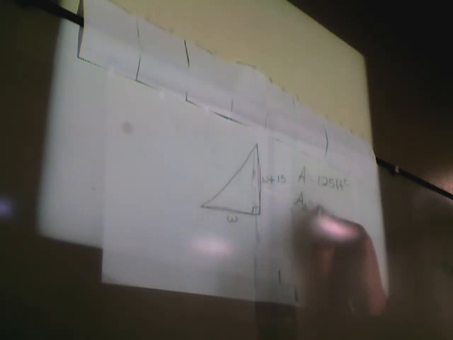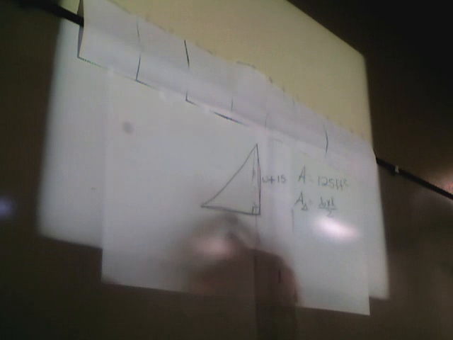Now the area for a triangle, remember rectangle was length times width, but the triangle is a little different. The area of a triangle is the base times the height divided by 2, right? Because a triangle is half of a rectangle.